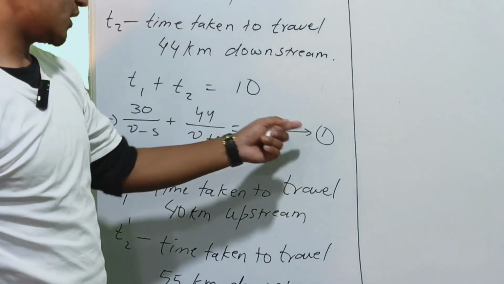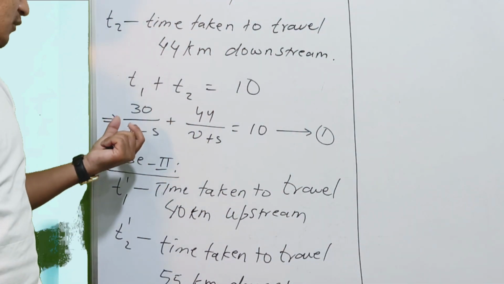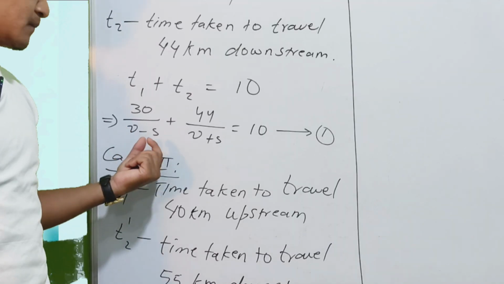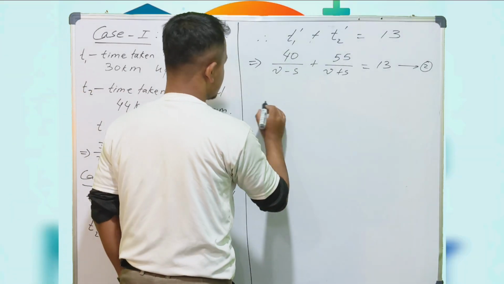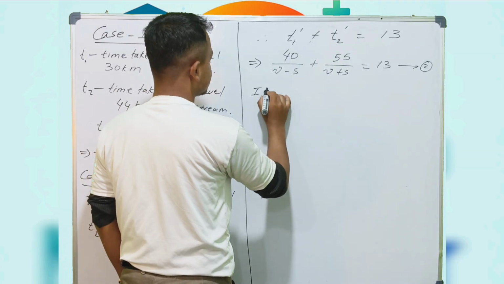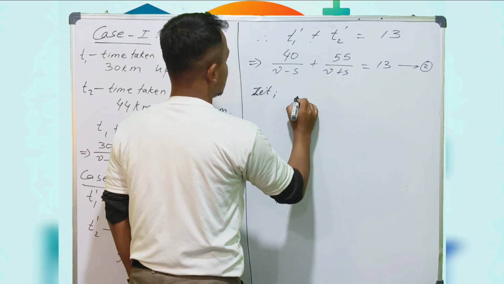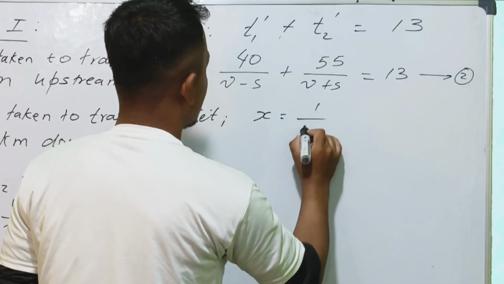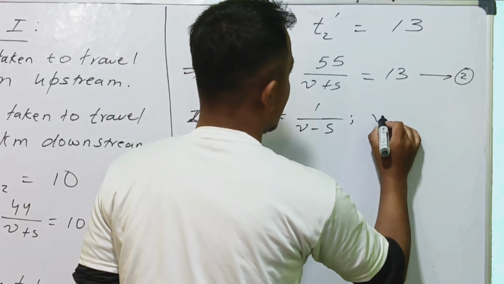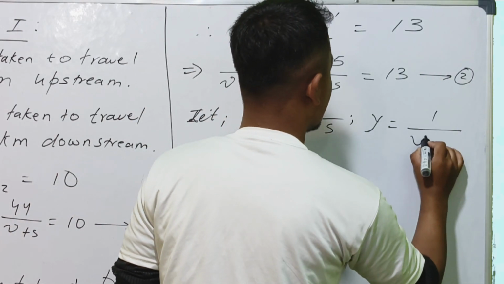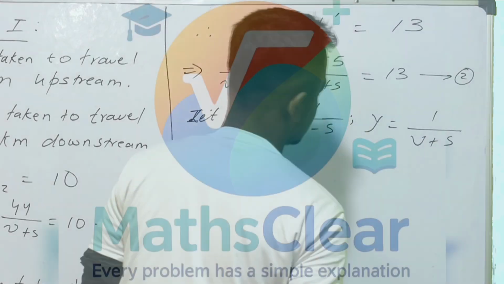Okay, from equation 1 and equation 2, let x be equal to 1 divided by v minus s, and y be equal to 1 divided by v plus s.